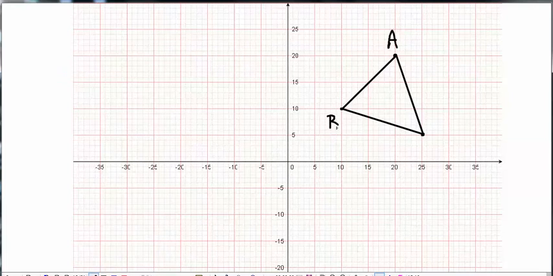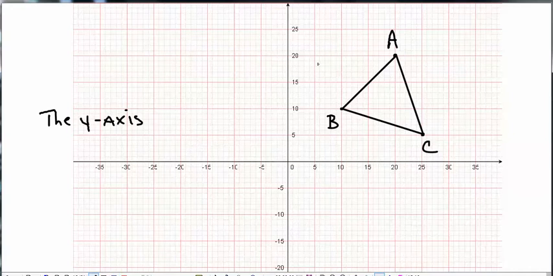So if this triangle has points A, B, and C, and you're asked to reflect the triangle about or across the y-axis, okay? You're going to reflect it about or across the y-axis.